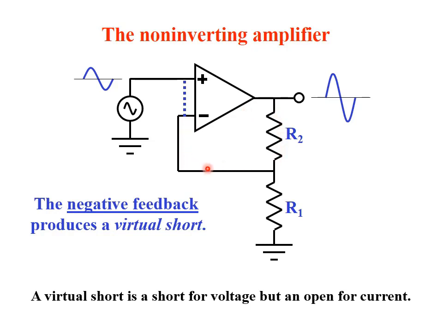It's not a positive feedback. And we have R1 connected to ground, but the only difference here is that the input signal is going to the non-inverting input. You need to memorize the drawing of these applications.